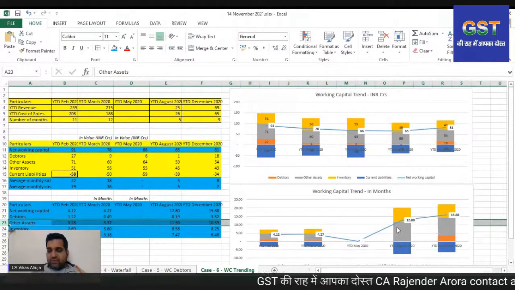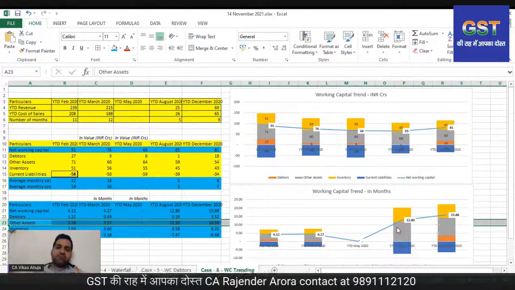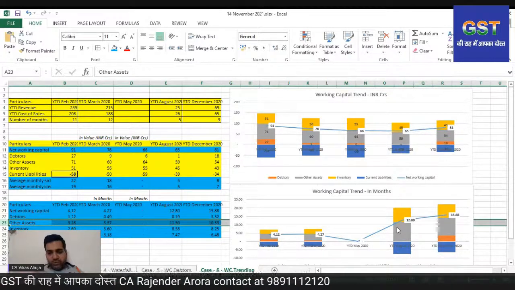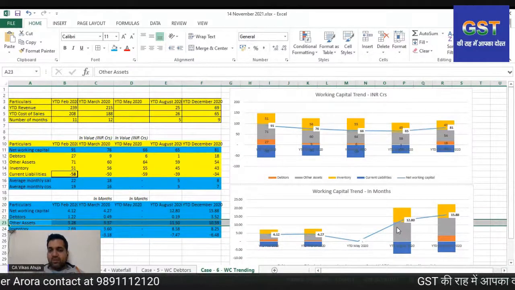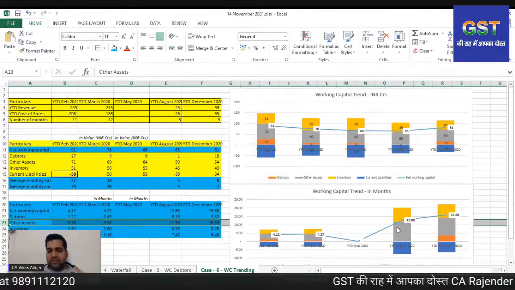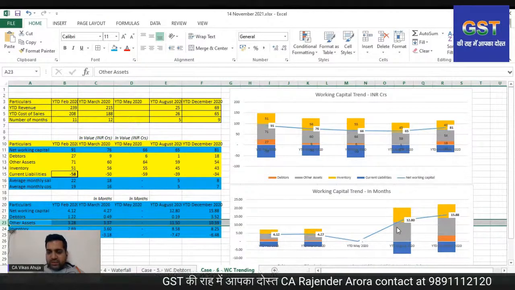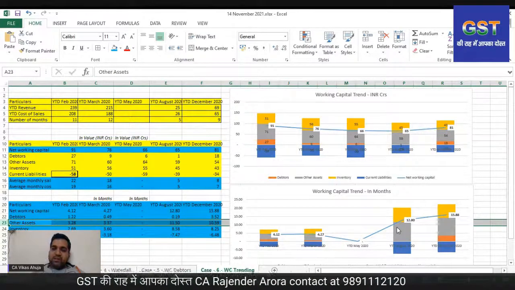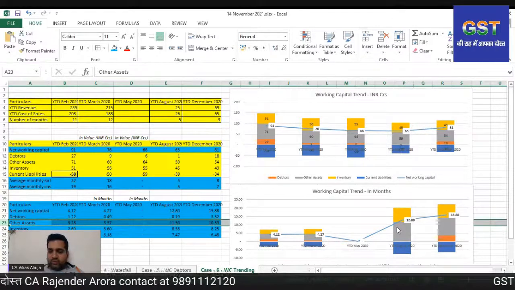This number of months, ideally it should be aligned, right? Working capital in months should move with the business. If I'm doing good business, then working capital months should increase. If I'm doing bad business, working capital months should decrease. There can be certain things which may not be linked, but most of the things, 70-80% of the values coming up in working capital, should ideally be linked to my business.